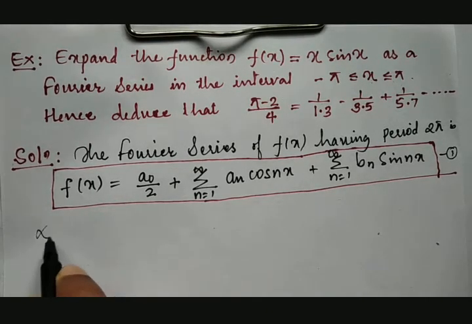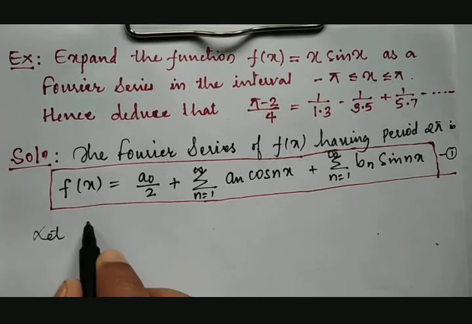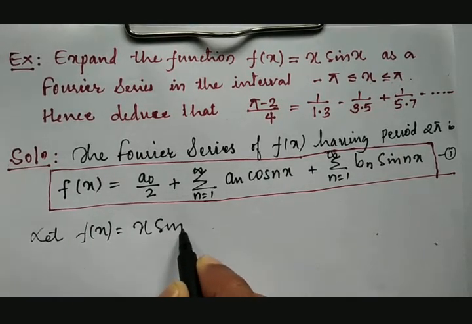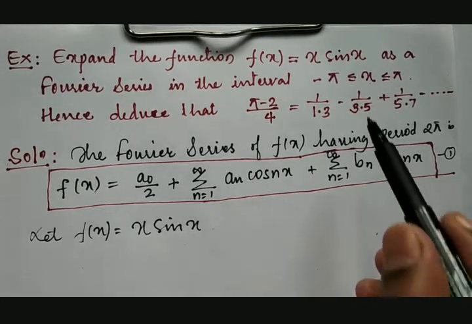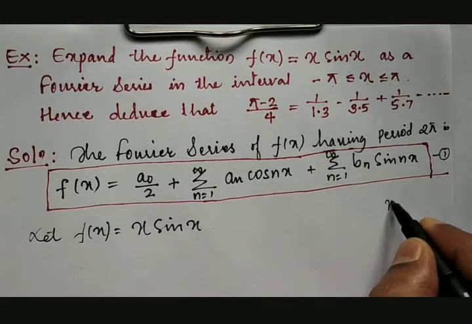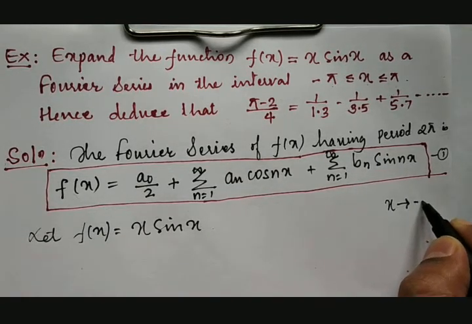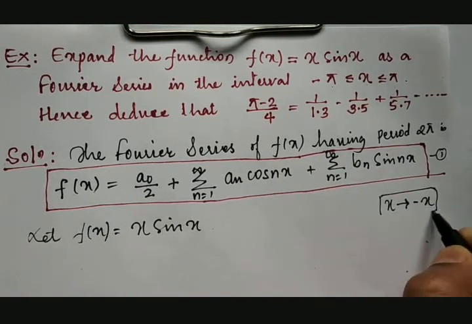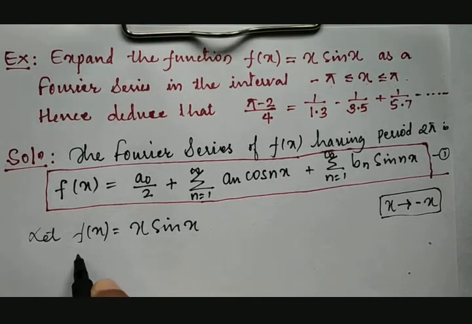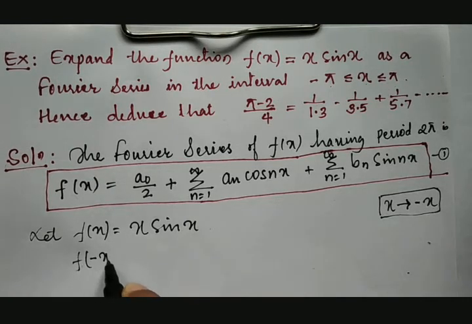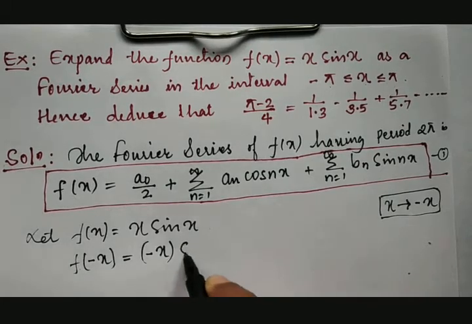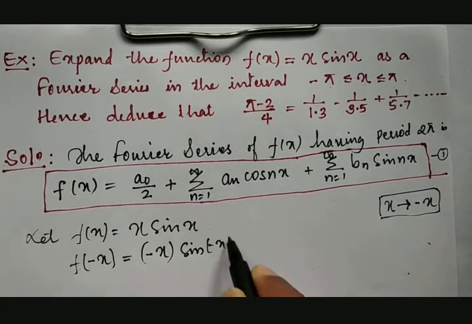We consider the given function, f of x is equal to x into sine x. Since this function is between minus pi to plus pi, x is going to be replaced by minus x. If we replace x by minus x, we will get minus x into sine of minus x.